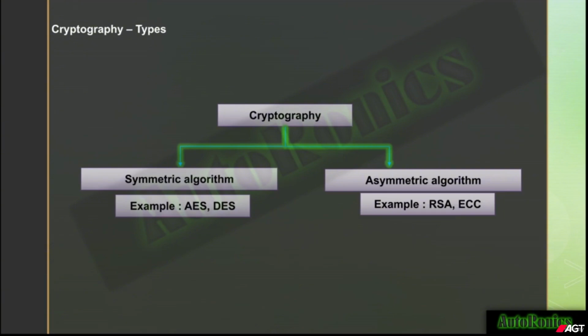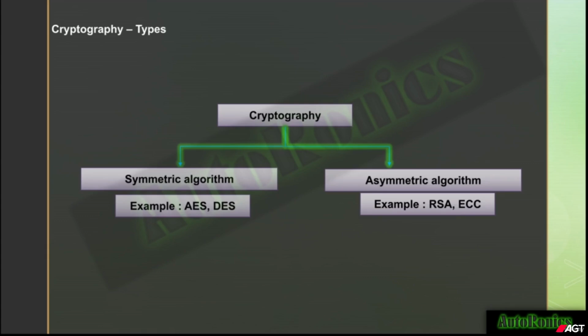In the symmetric category there are two majorly used algorithms. One is AES, Advanced Encryption Standard, and the other is DES, Data Encryption Standard. If we look at the history, DES is the older one, founded in 1976 by IBM, whereas AES was designed by Vincent Rijmen and Joan Daemen in 1999.